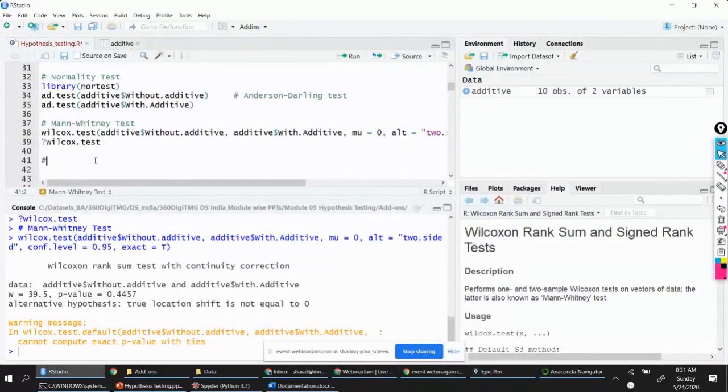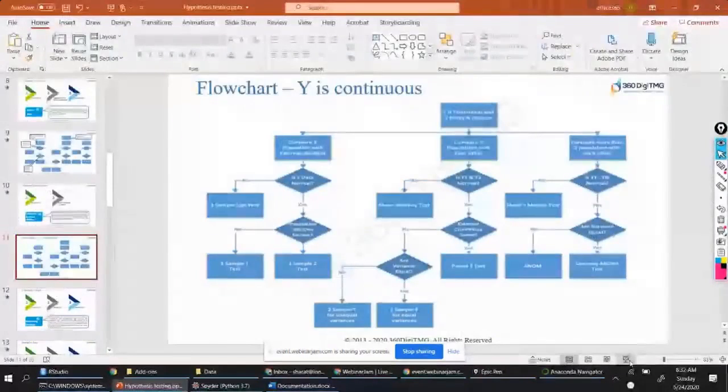The conclusion here we can say that the additive is not affecting the mileage of the vehicles. So this is how we conclude by applying medians when the data is not normal. Okay, that's the first case here.